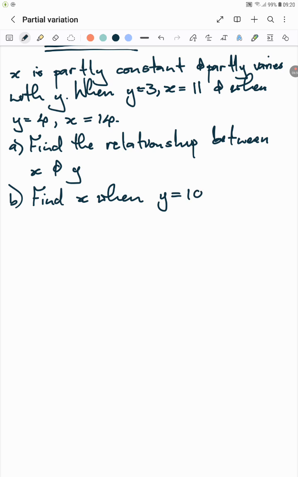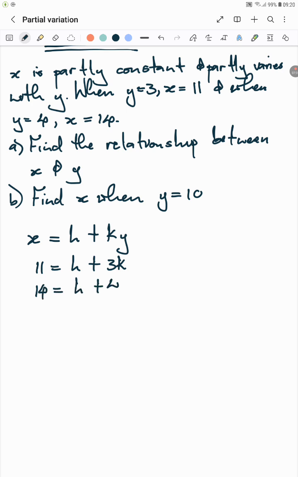So in this case, we're also going to use h and k as our constants. So the relationship will look like x is equal to h plus ky. Then we use the two pairs of values to find the value of the constants. So x is equal to 11 when y is equal to 3, and x is equal to 14 when y is equal to 4.